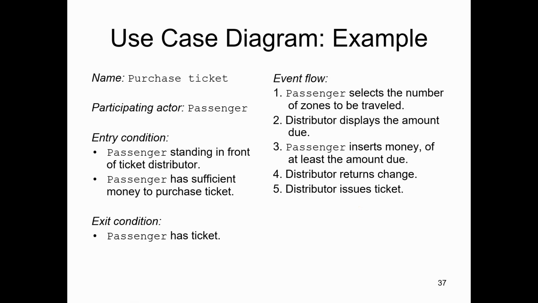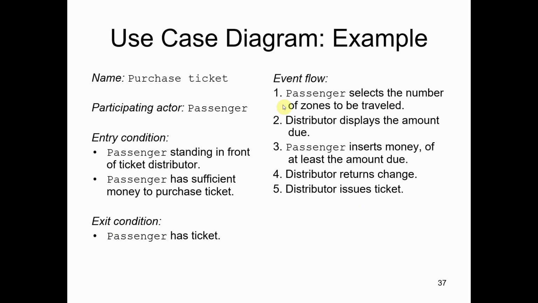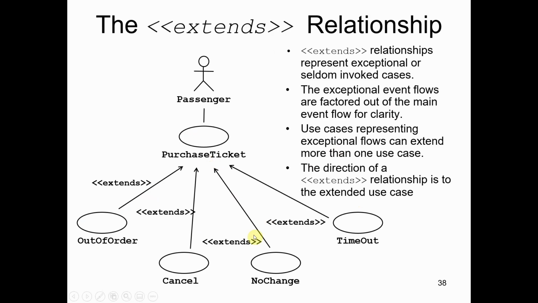The extend relationship represents exceptional or seldom invoked cases. For example, what if the machine is out of order? What if the customer hits the cancel button? The user can hit the cancel button at any step. What if the machine runs out of change? And what if a user pauses too long?